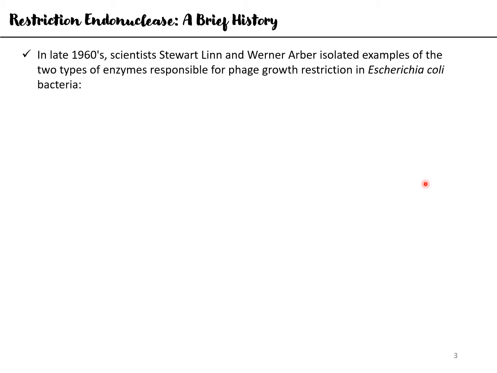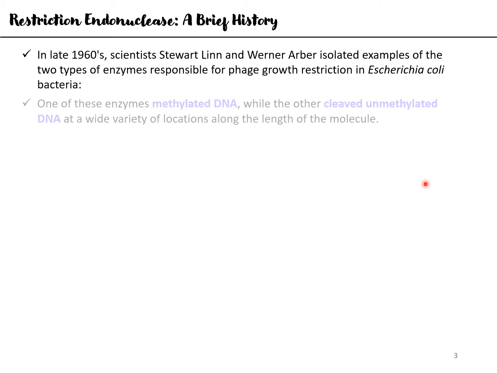E. coli, as a part of its defense mechanism, developed these enzymes that would restrict the growth of these phages within them. What are these enzymes? One of these enzymes methylated DNA, while the other one cleaved unmethylated DNA at a wide variety of locations along the length of the molecule.